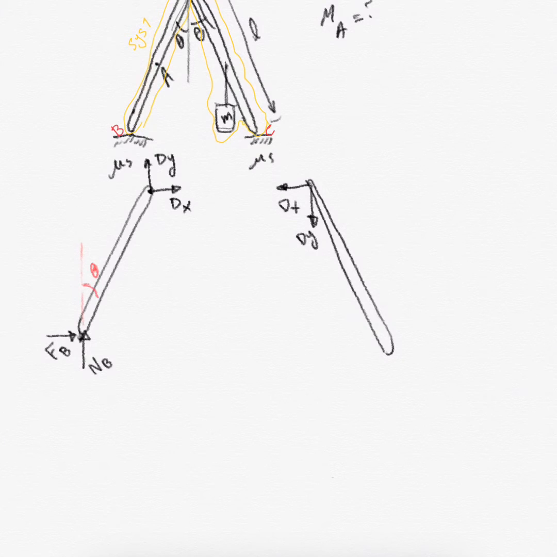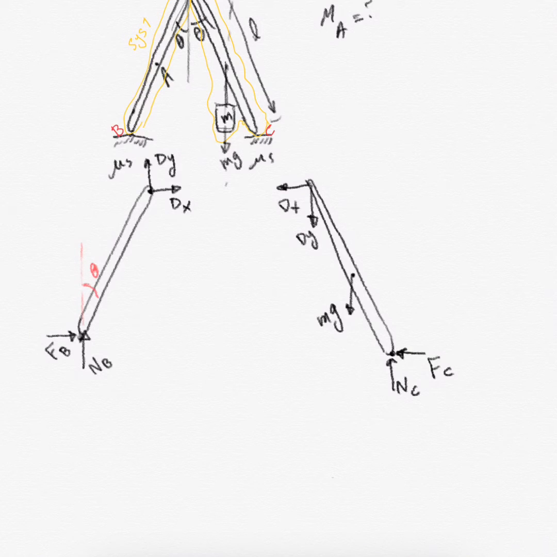Then you have an mg that acts right here, but you can move it along the line of action, which is this dash line. So I just put it right here, move it up, mg, and then you're going to get 2 reactions, one friction, F at C, and N at point C, no bending moment.